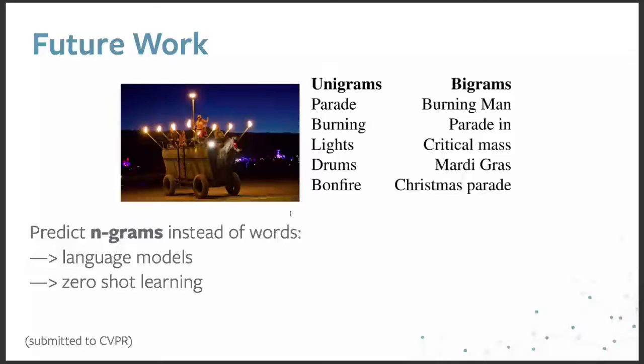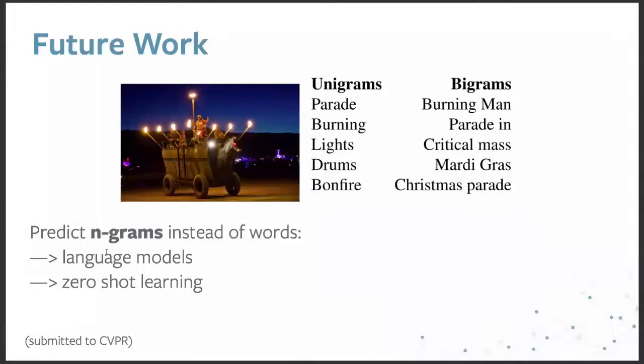This paper was at ECCV, and then we extended that work. The natural way of extending it is that instead of predicting words, you start predicting n-grams, which is what we did. The motivation is, if you see this image of, I don't know exactly what it is, a car, I don't know. If you just go for unigram, you will have burning, which is kind of accurate because there are flames.